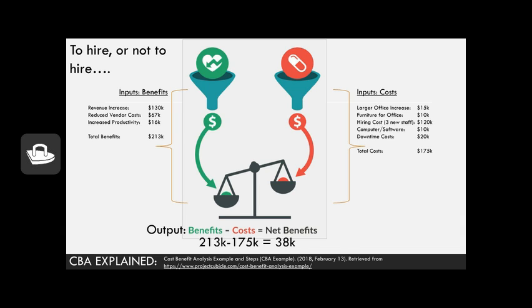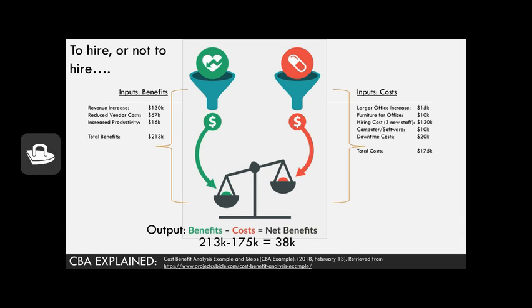Moving over to costs, with the additional 3 employees, the company needs to expand into a larger office space. They need to furnish that office space and provide computer equipment for the 3 new employees. While this transition is happening, business can't operate as normal, so there's about a 2-week downtime.